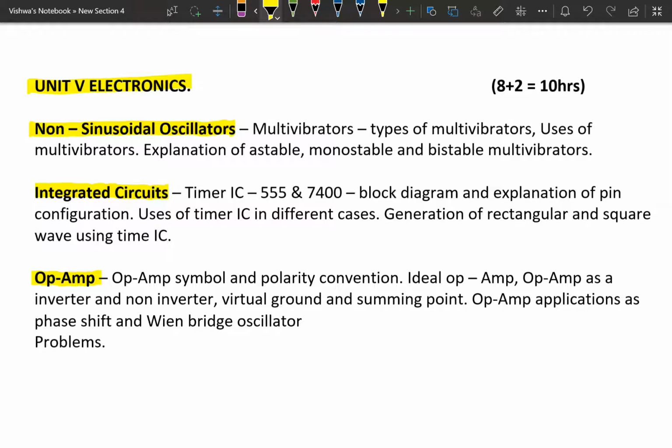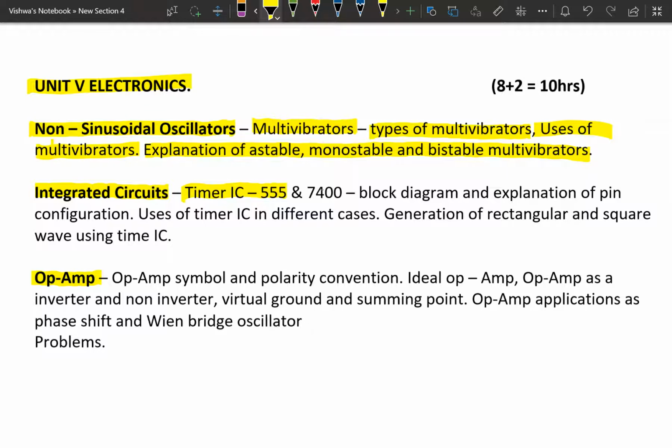In non-sinusoidal oscillators, we are going to study multivibrators, types of multivibrators, and uses of multivibrators. Here we will study 3 types of multivibrators: astable, monostable and bistable multivibrators. This is the first part of unit 5. In the second part, we are going to study the timer, IC 555.